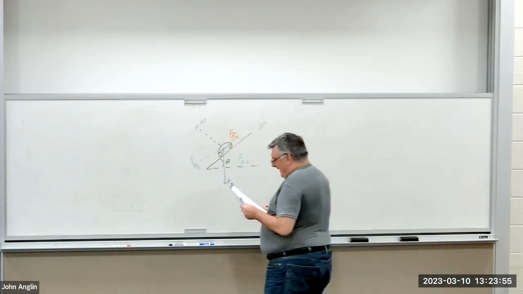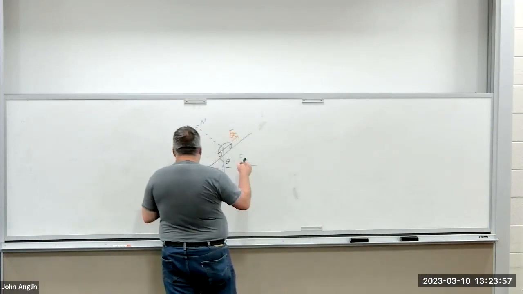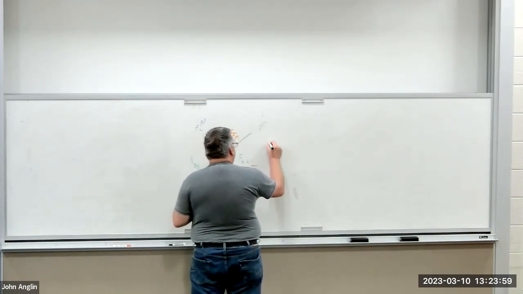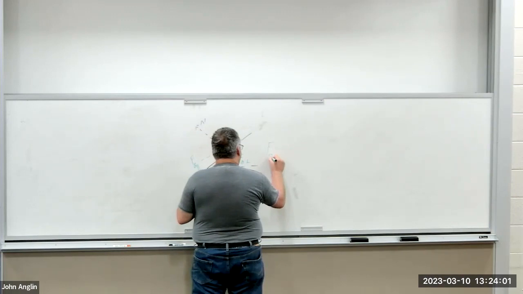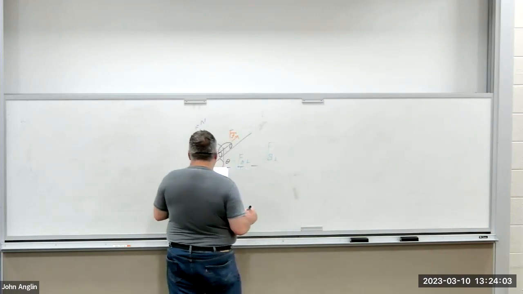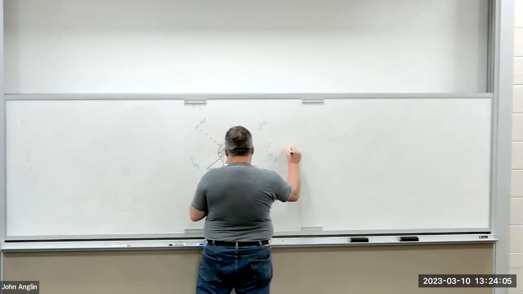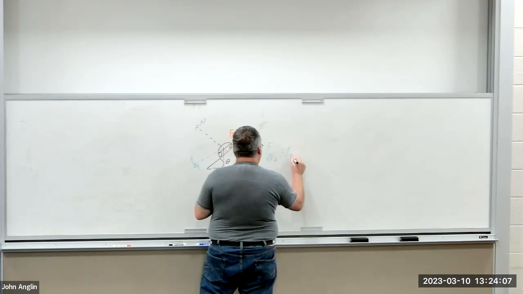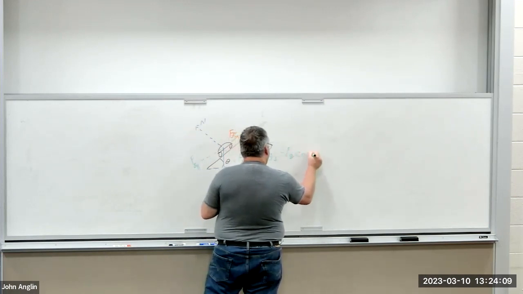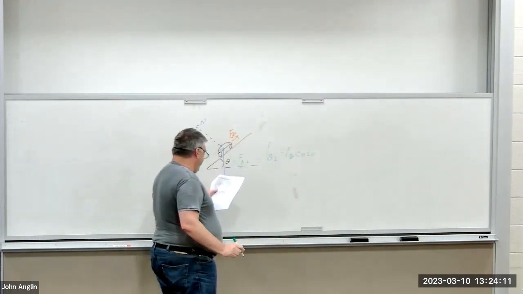So we can now say, if we think back to our inclined plane problems, that our perpendicular force of gravity is just going to be force of gravity times the cosine of the angle.